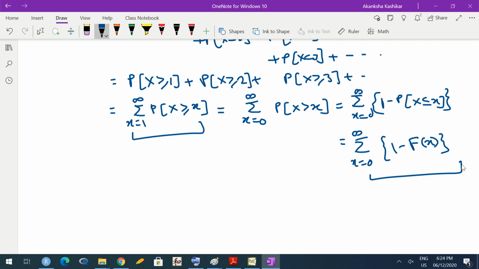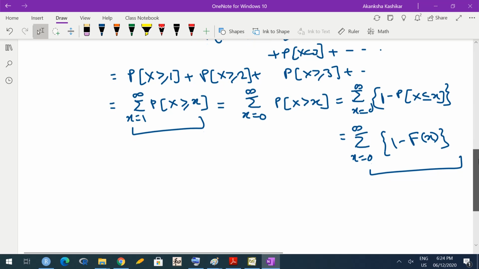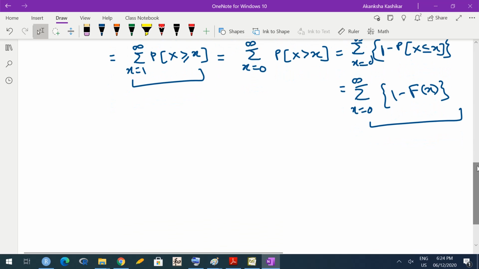Now let us see what would be the continuous equivalent of this. In the continuous case we can worry about two things separately: one is if I have a non-negative random variable, and the other is if I have a random variable which takes negative as well as positive values.